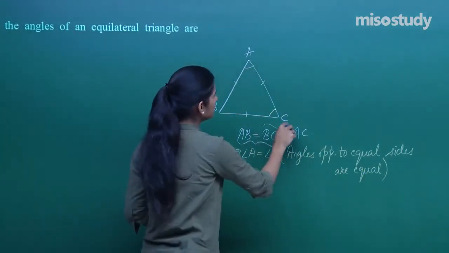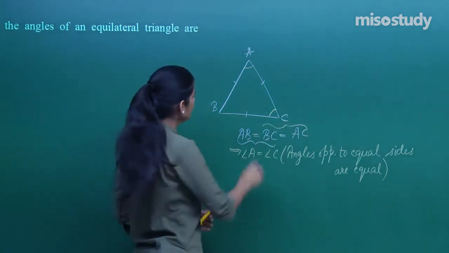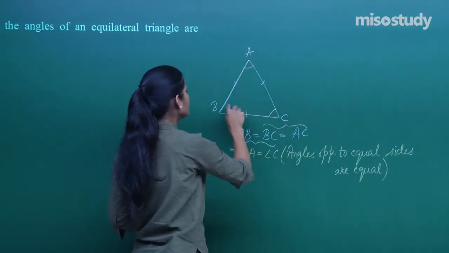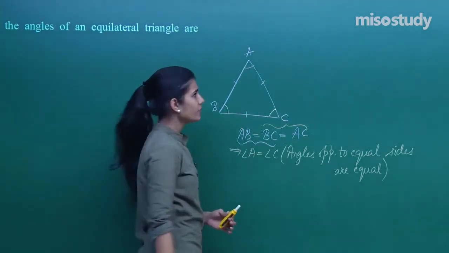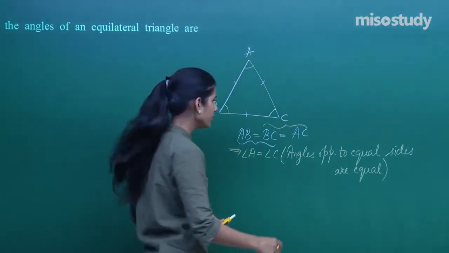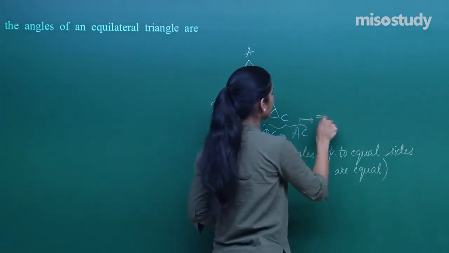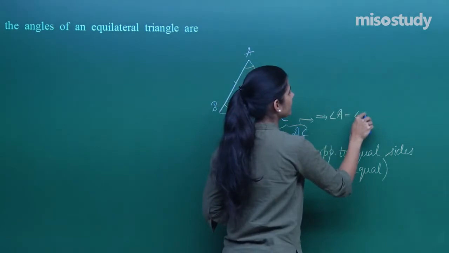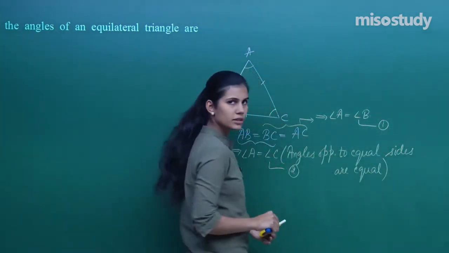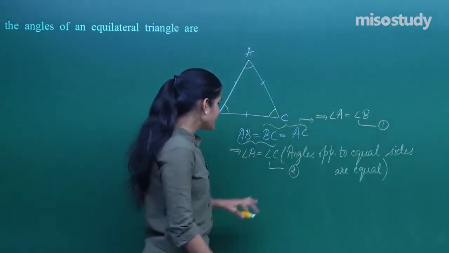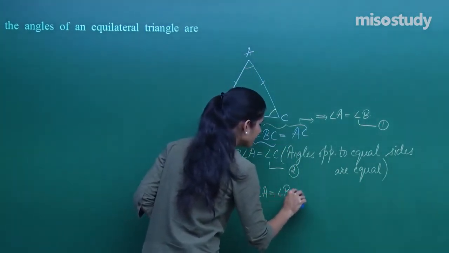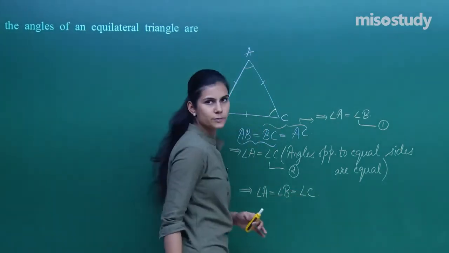Moreover, if you take BC is equal to AC, you will have angle at A is equal to angle at B, because again angles opposite to equal sides are equal. So I have this also. A is same as B, A is same as C. This implies angle A's measure is same as angle B's measure is same as angle C's measure.